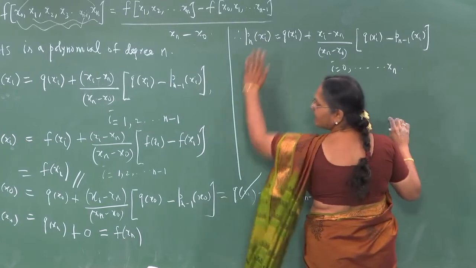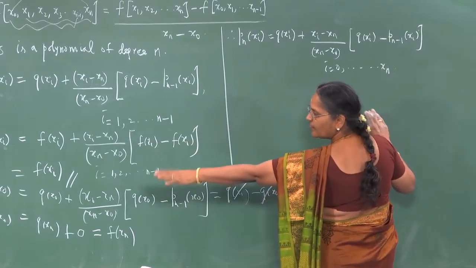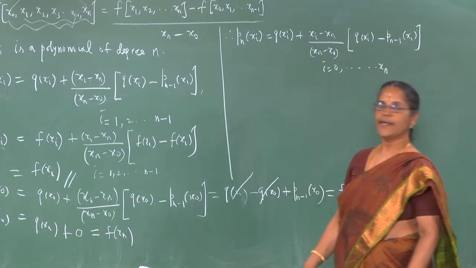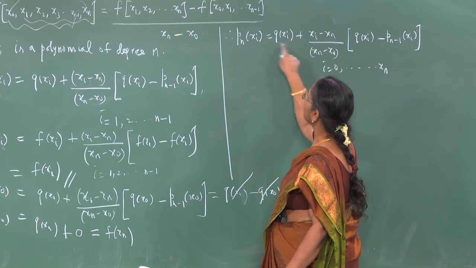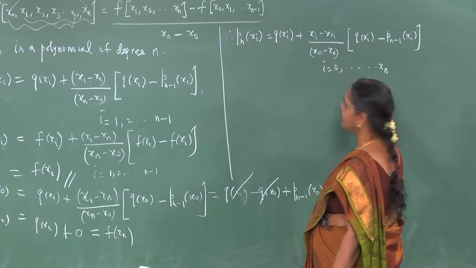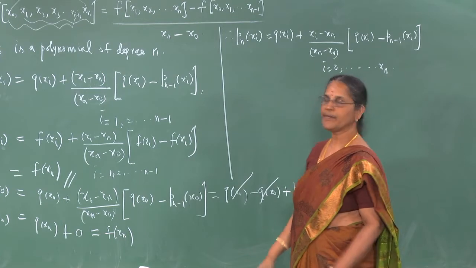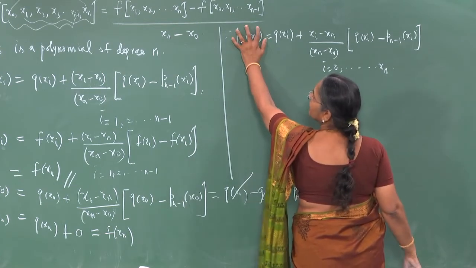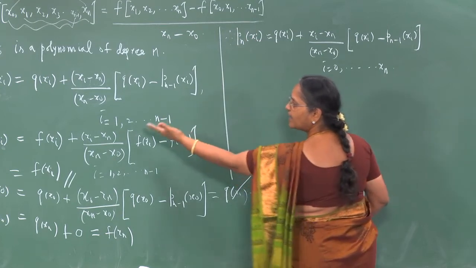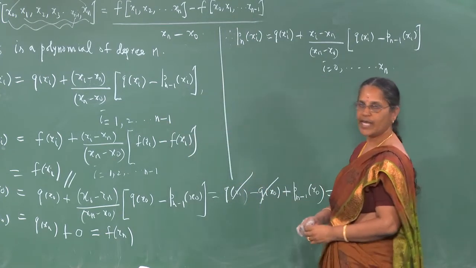And left hand side Pn of x is a polynomial of degree n, the right hand side is also a polynomial of degree n, and their values match and give you f of xi for all these points x0, x1, etc. xn. So, left hand side is an interpolating polynomial interpolating the function f of x at the points 0, 1, 2, 3 up to n.